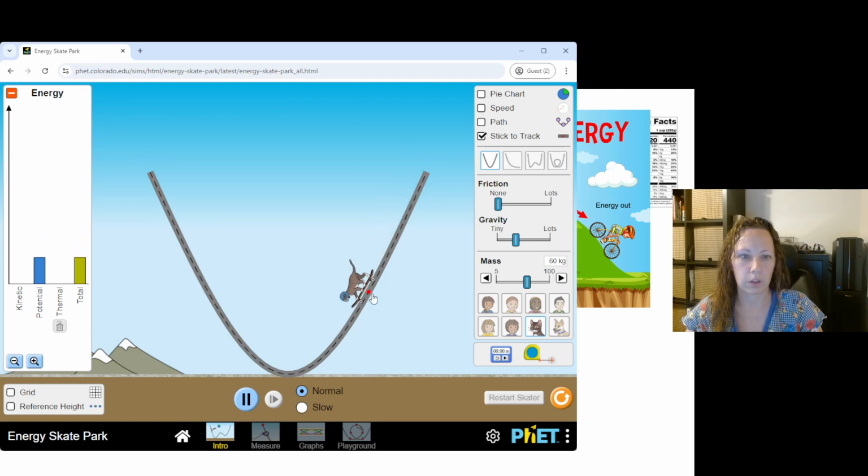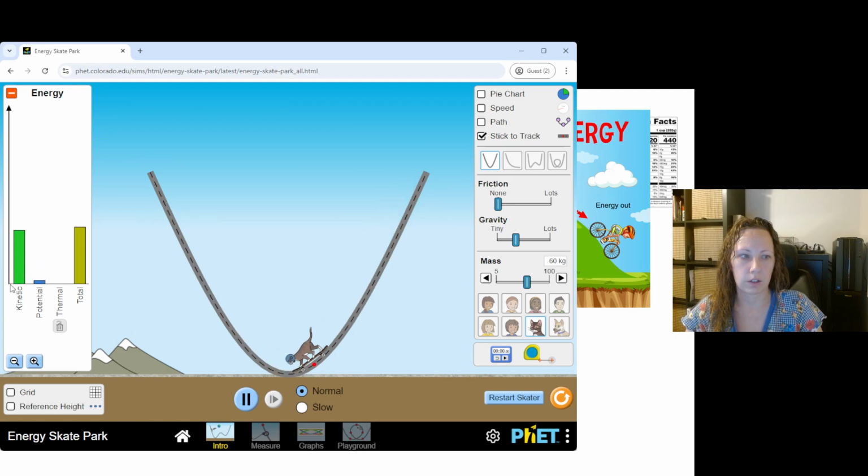The lower I put it on the ramp, the less potential energy it has because the less momentum it's going to be able to get going down the ramp. If I have it at the very bottom of the ramp, there's pretty much none, right? So I put him on the ramp, set him off, and you can see as he goes down the ramp, the potential energy drops.